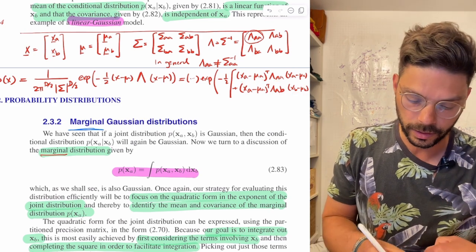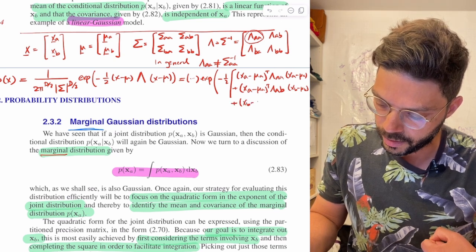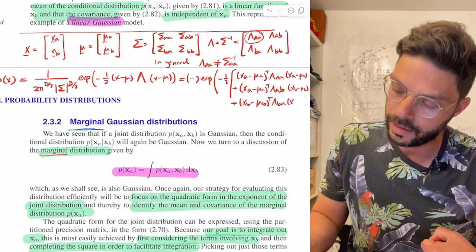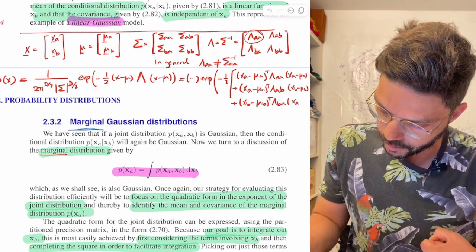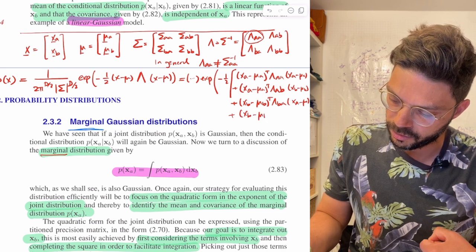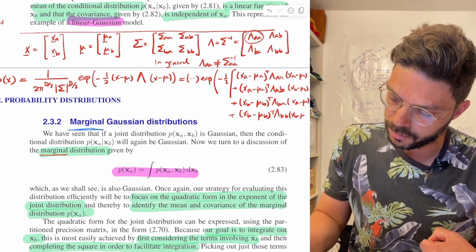That's just the way it has to work. Plus X of B minus mu of B transpose lambda BA, X of A minus mu of A, plus X of B minus mu of B transpose lambda BB, X of B minus mu of B.